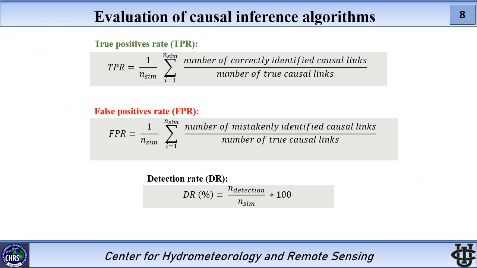Next, we wanted to examine the robustness of the performance to sample length and presence of noise. What we did is come up with a set of metrics, specifically true positive rate and false positive rate. These are just the proportions of correctly and mistakenly identified links averaged across the simulations.